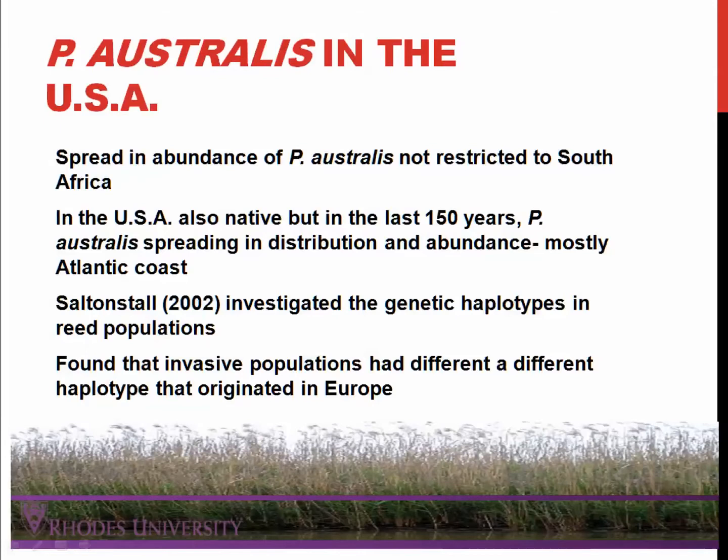And what ultimately was found was that the stands that were invasive had an introduced strain that originated in Europe. So what was quite interesting was that the introduced haplotype was acting much like an alien invasive. It was moving in and displacing native vegetation.